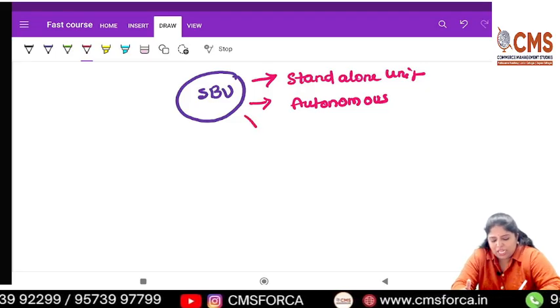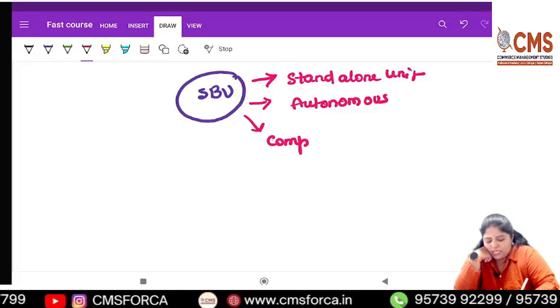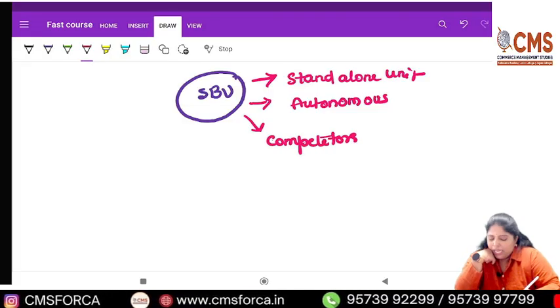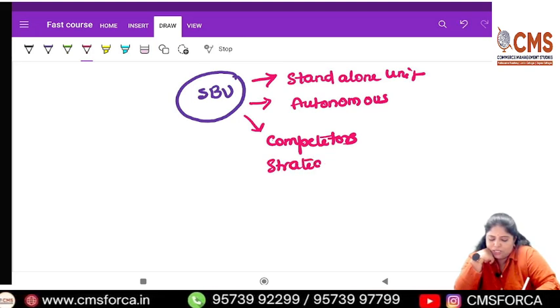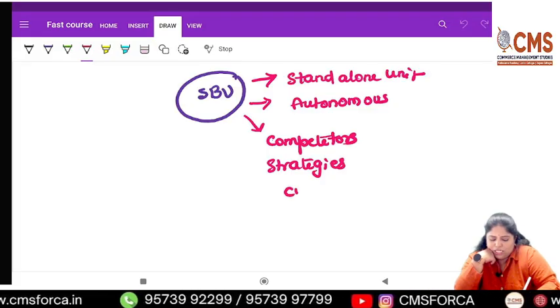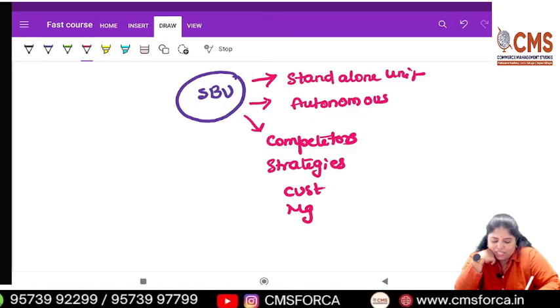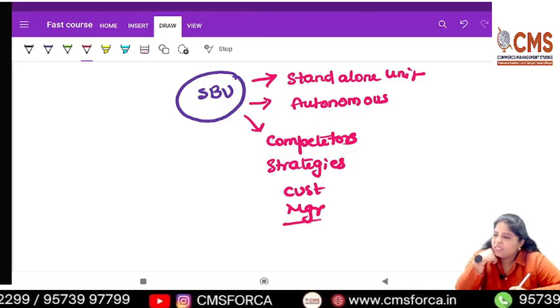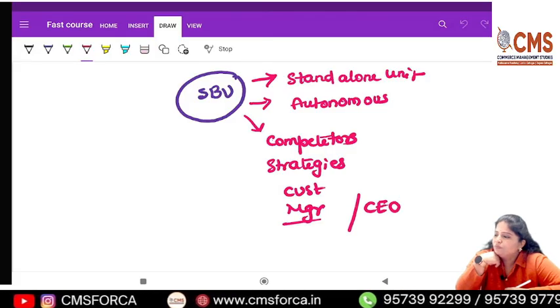Each SBU will have its own competitors, its own strategies, its own customers, and its own manager. Sometimes each SBU can have its own CEO also.